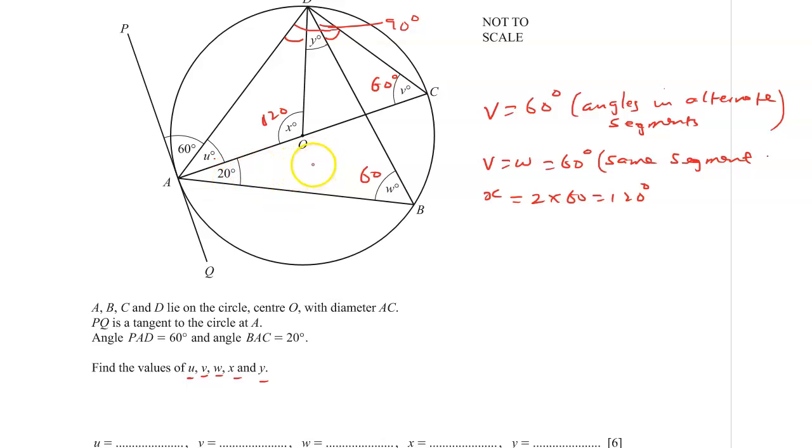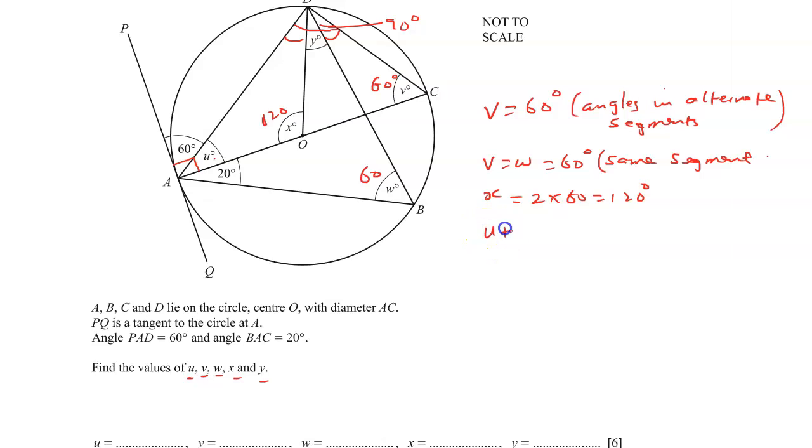You know that U plus 60 gives us 90, because this angle here is 90. These are angles on the tangent.